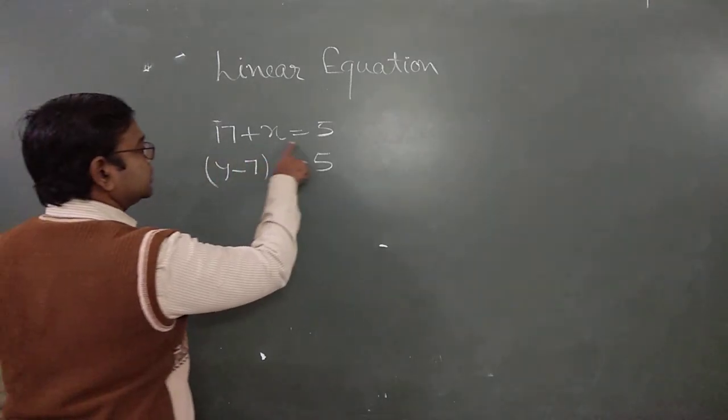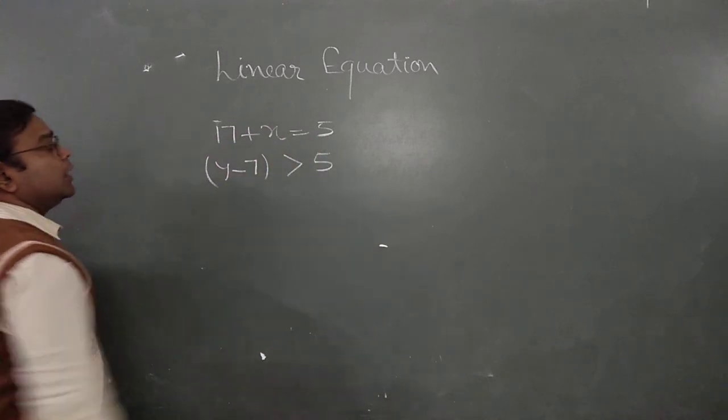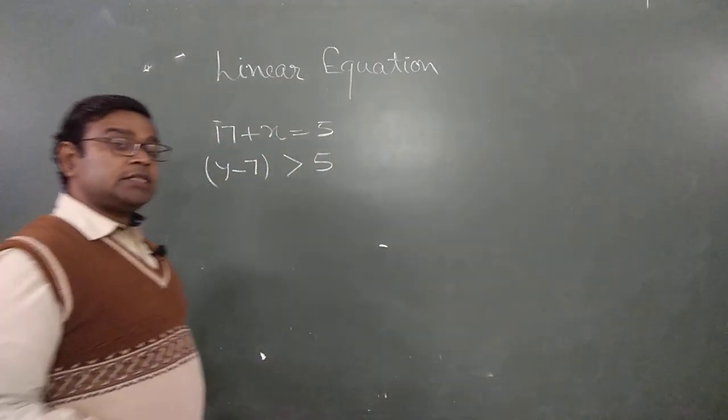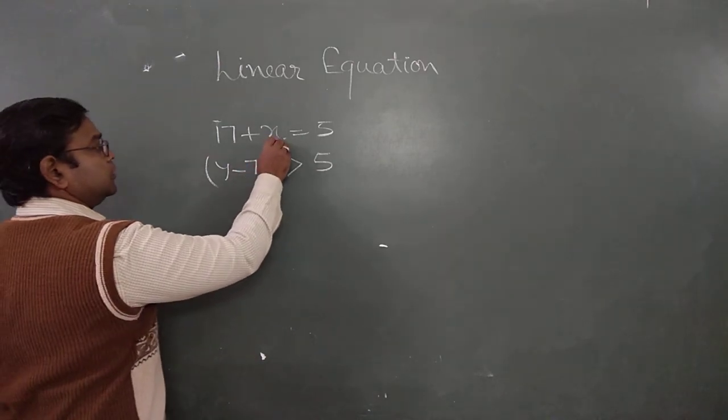Now in this case we are observing two statements. First, check whether there is an equal sign. Yes, there is an equal sign, so it is an equation, number 1. Then, does this equation contain a variable? Yes, it does. Which variable?